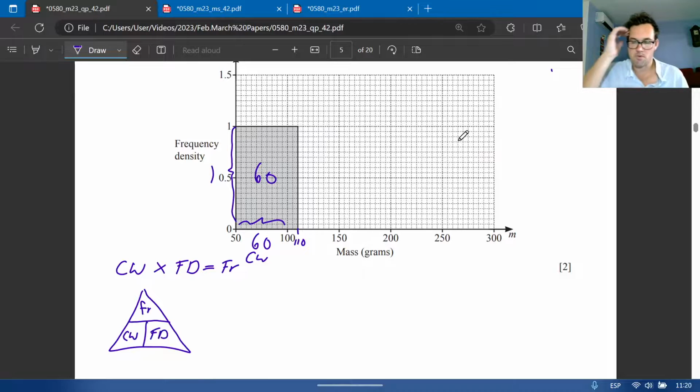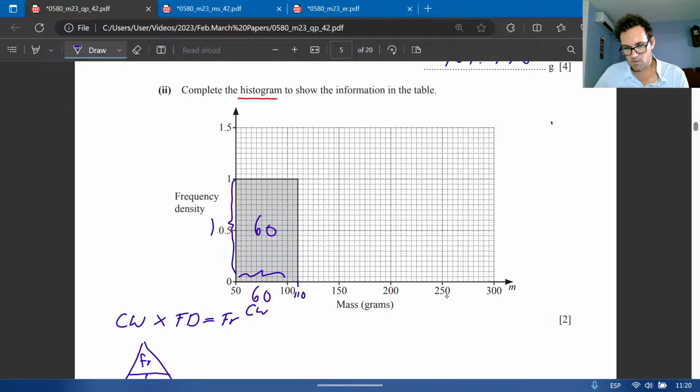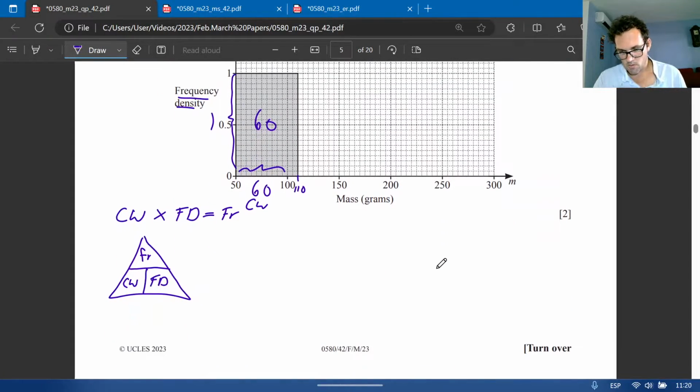That's a way to help you remember the formula. Now, to complete this, we need the frequency density to know how high the bar is. So we rearrange: the frequency divided by the class width gives us the frequency density.